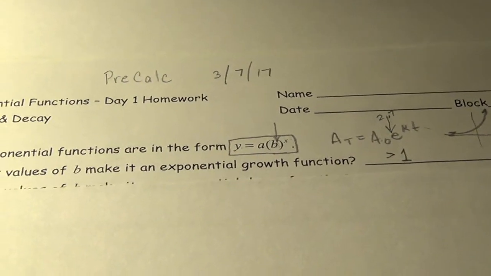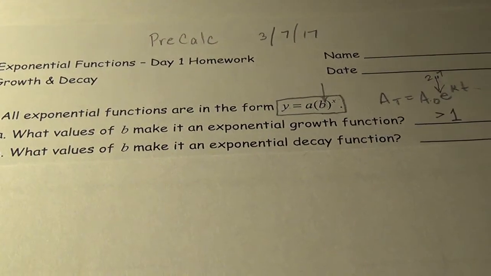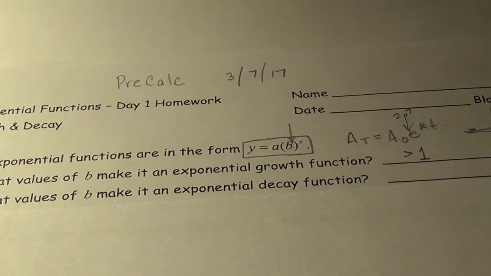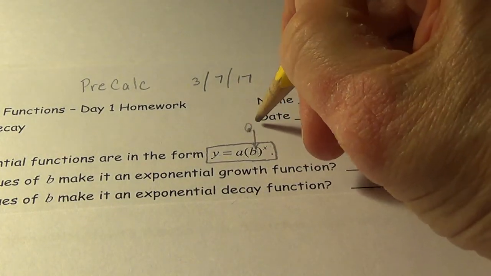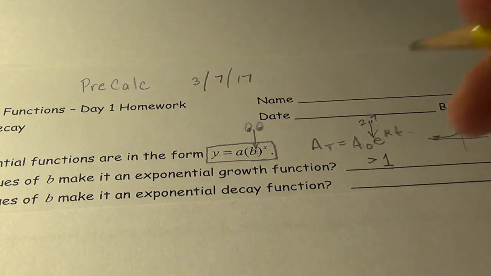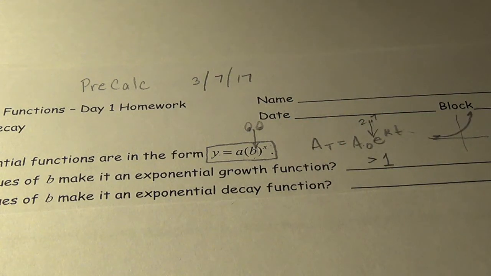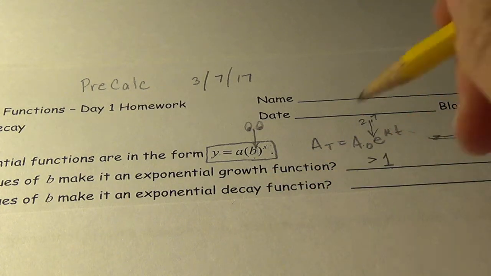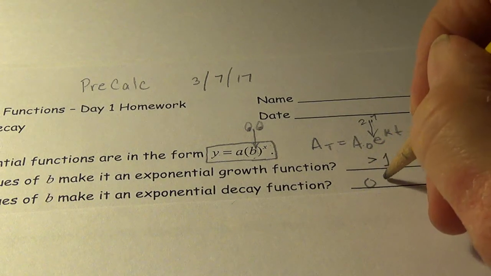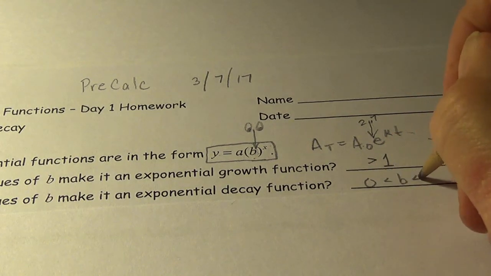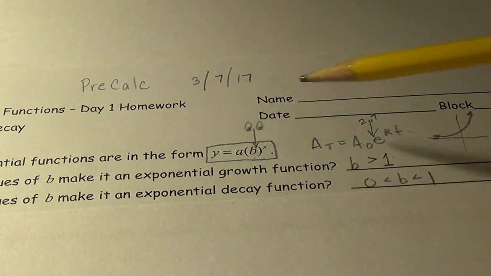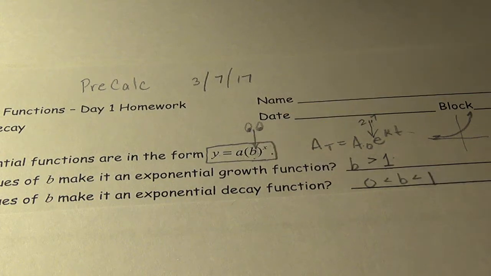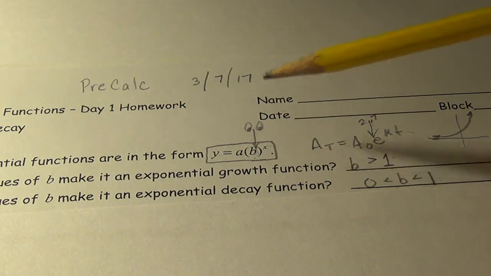All right. So what values of b make it an exponential decay function? Again, we're looking at b and its behavior. For decay functions, b has to be between 0 and 1. So we have b greater than 1 for exponential growth, numbers like 2.7, 4, 100.